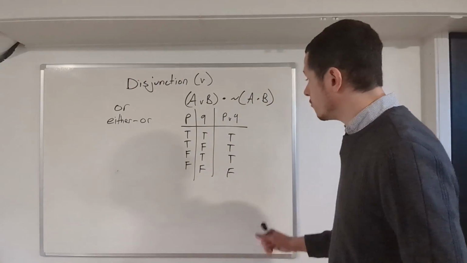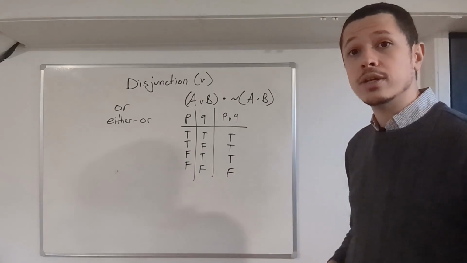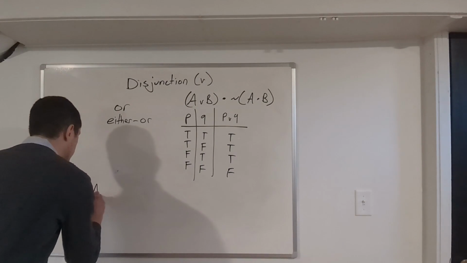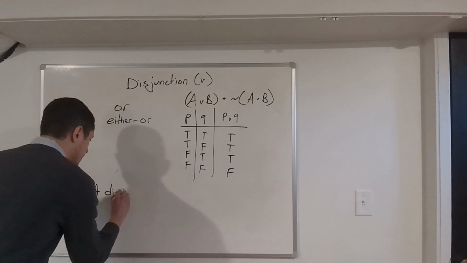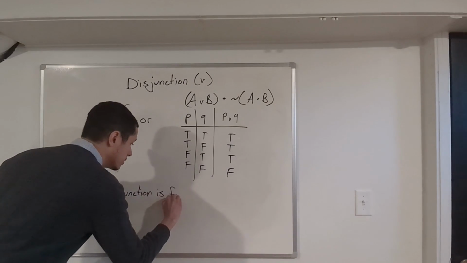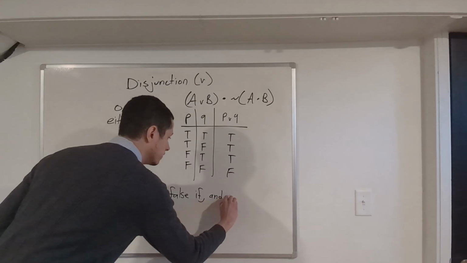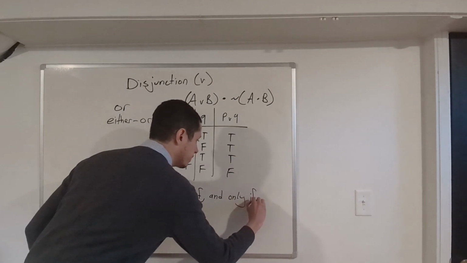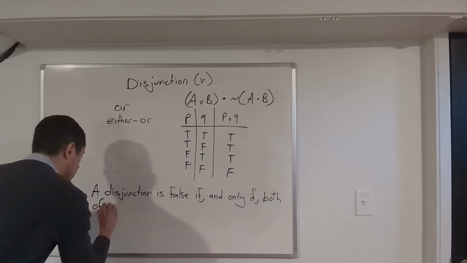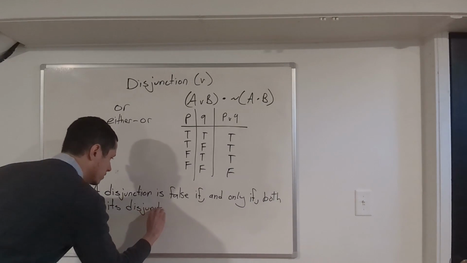All right, and now I'll finish off by giving you a definition of what a disjunction is and how one evaluates in the truth table. So here's a definition. A disjunction is false if and only if both of its disjuncts are false.